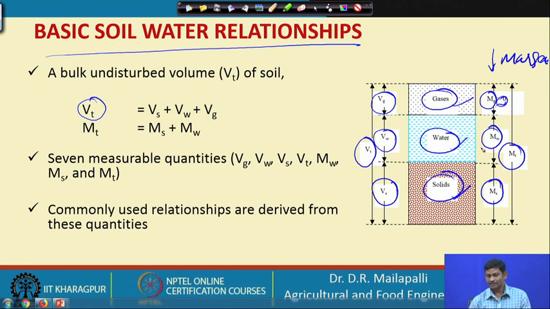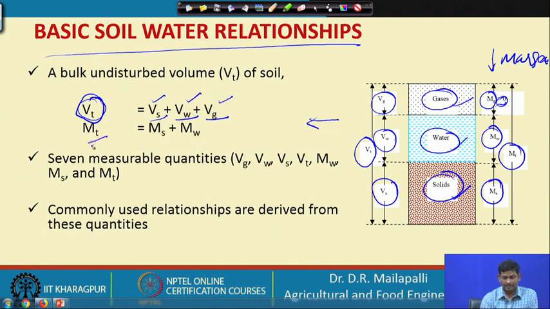So, with this information we are going to define some relationships. Basically, VT is equal to Vs plus Vw plus Vg: volume of solids, volume of water, volume of gas.